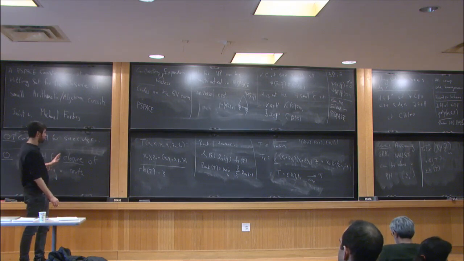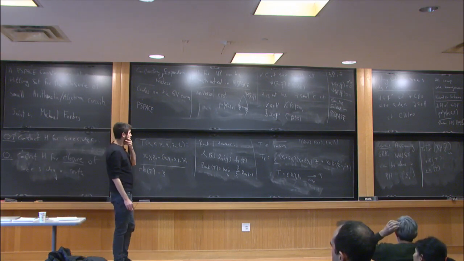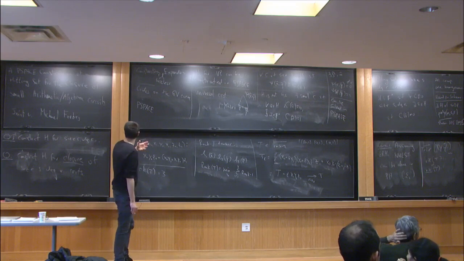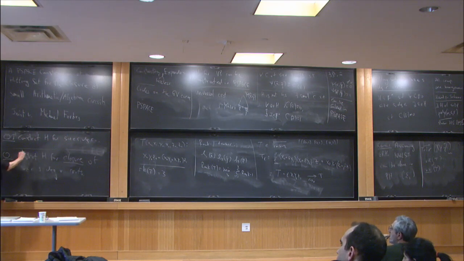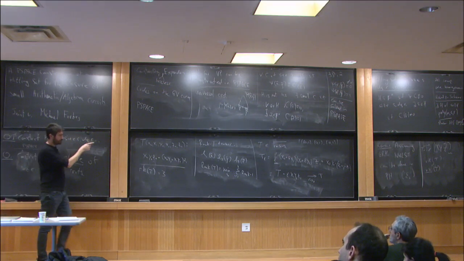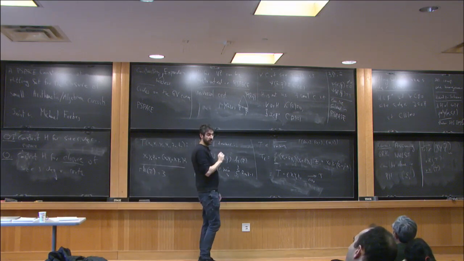Okay, so let's continue. So we understand the question. Let me say a word about it. So we know that the first question, we saw that it can be done in PSPACE, right? And we explained how you do it using the Nullstellensatz.